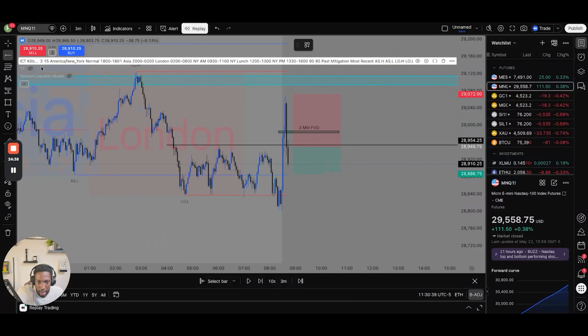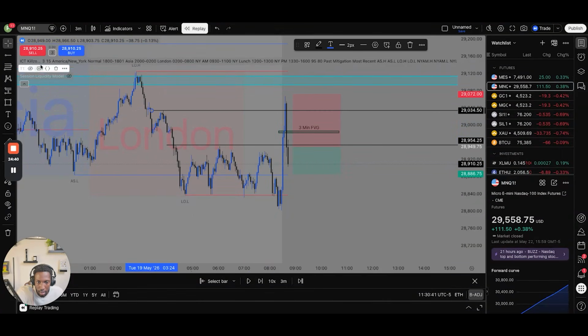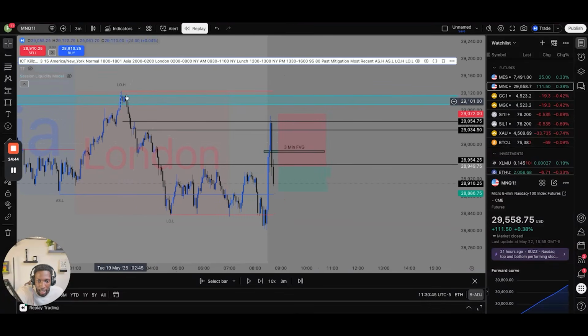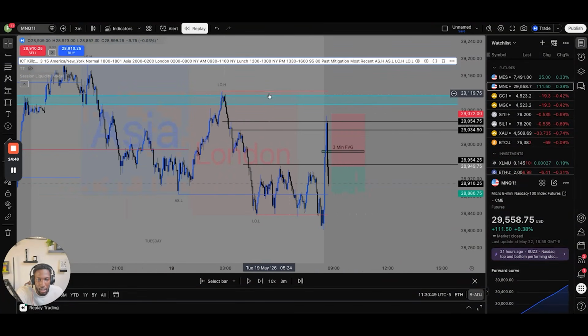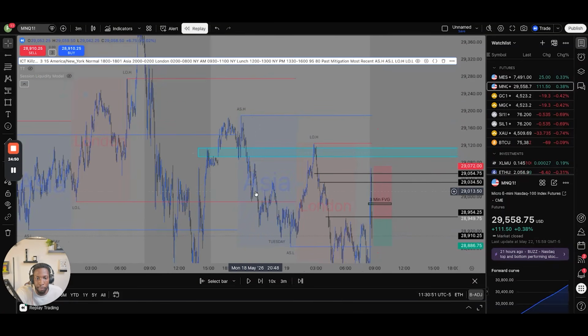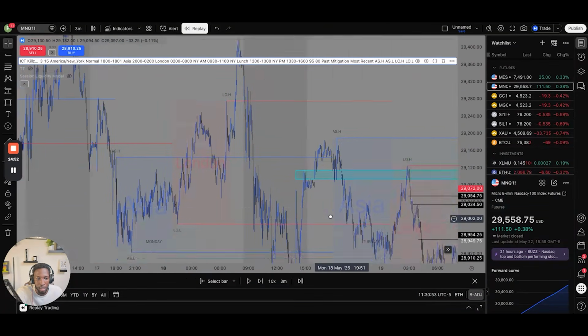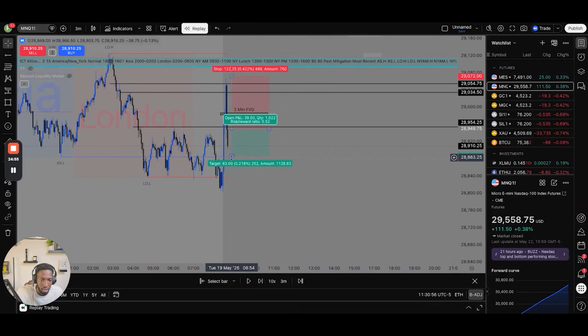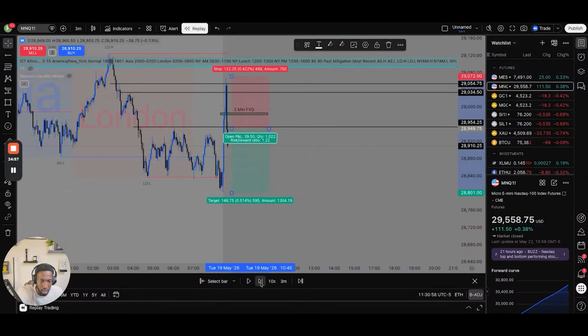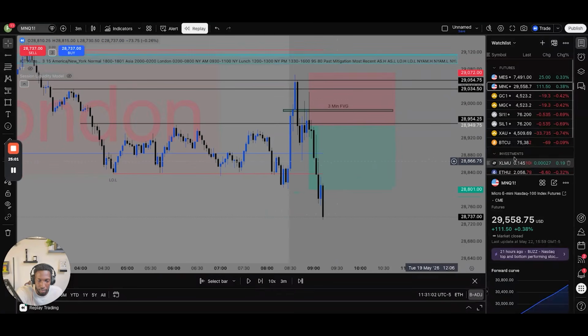Why would this trade play out? We've swept here, swept here. The only thing left for it to sweep is these London highs, where if it sweeps that, we can temporarily switch our bias to bullish. Does this trade? Yeah, it does.